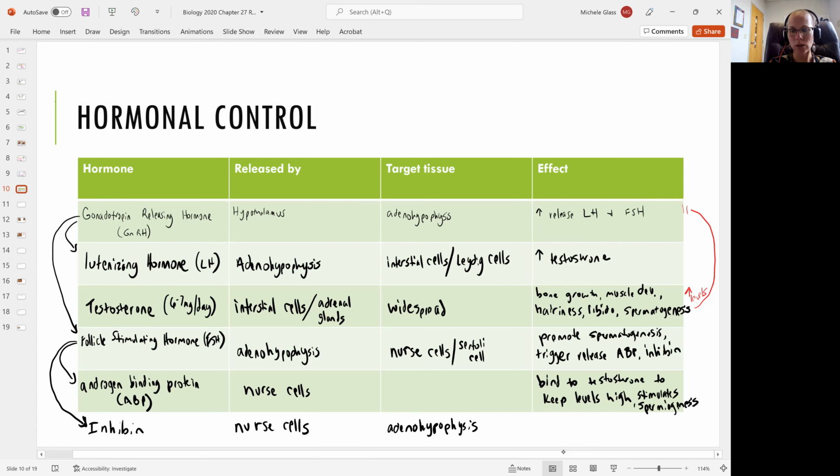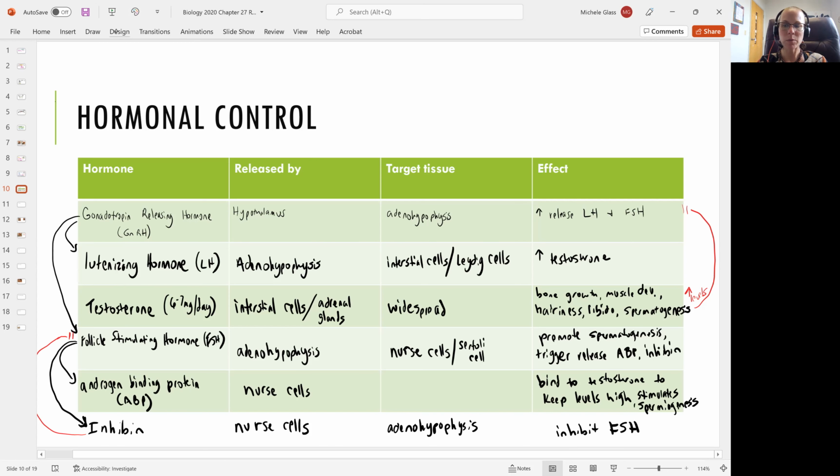And it's going to inhibit FSH. So let me get my red pen, and I'm gonna draw a line from inhibin to the follicle stimulating hormone, and then I'm gonna draw my equal sign to show the inhibition.